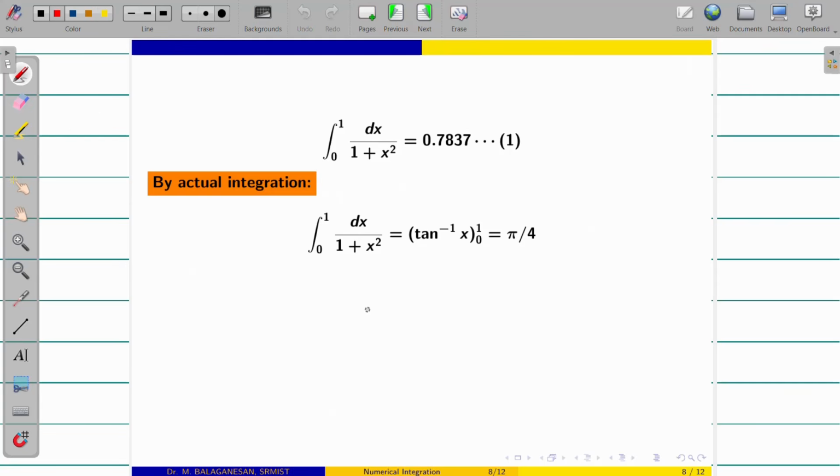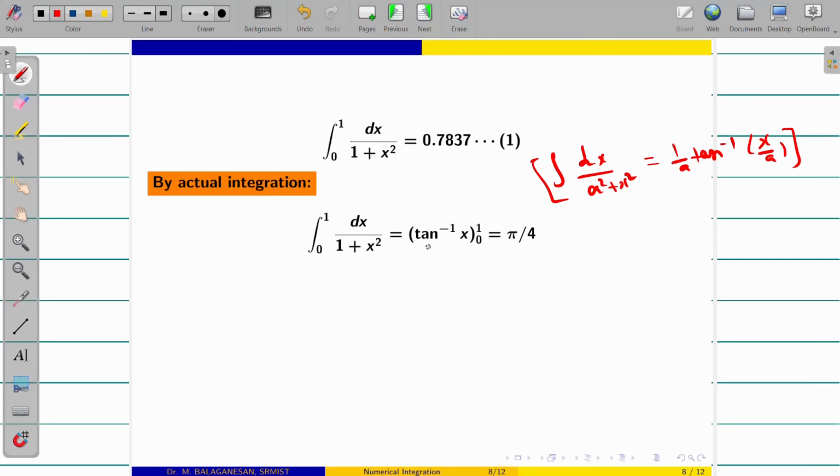By actual integration, integral 0 to 1 dx by 1 plus x square. The integral of dx upon x square plus a square is 1 by a tan inverse x by a. This is the formula for this.